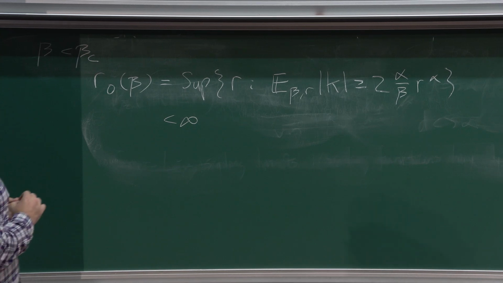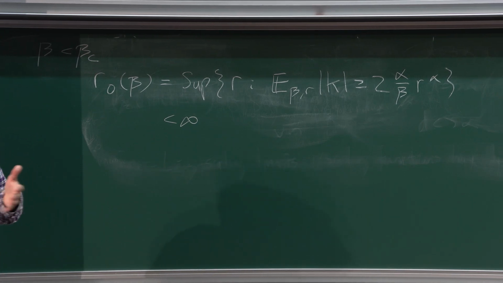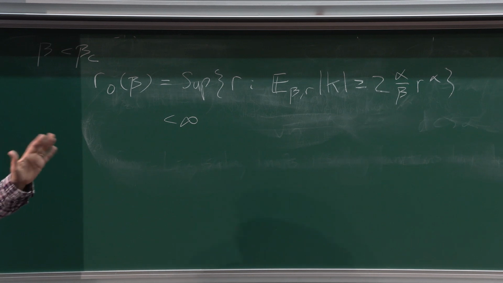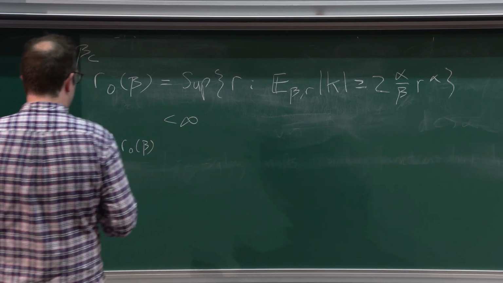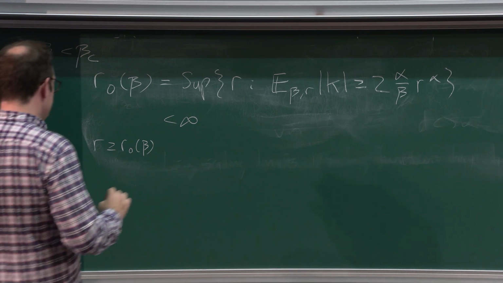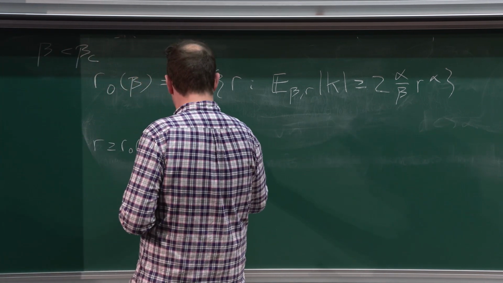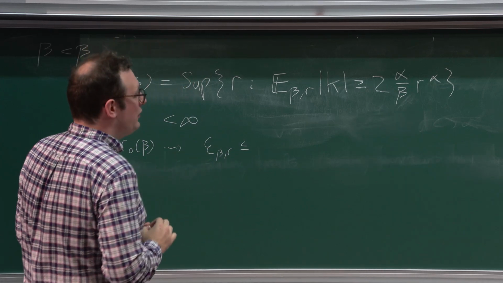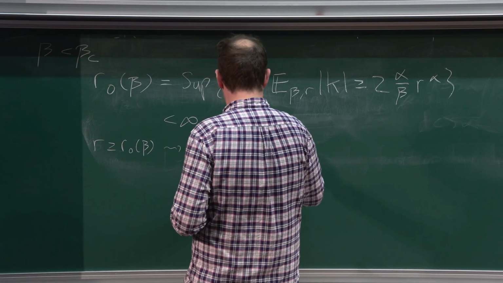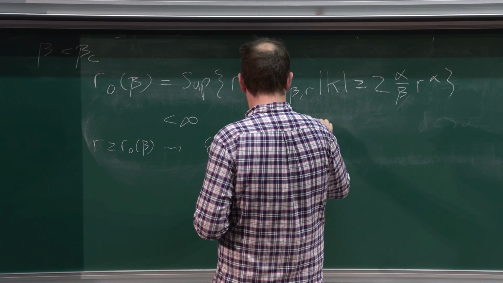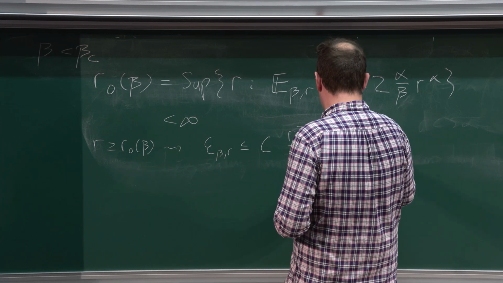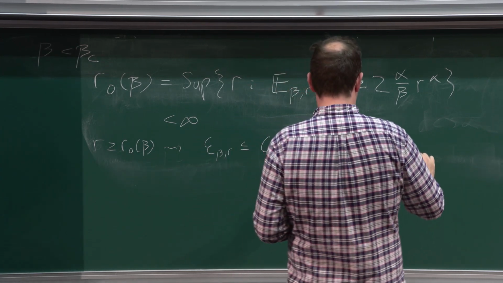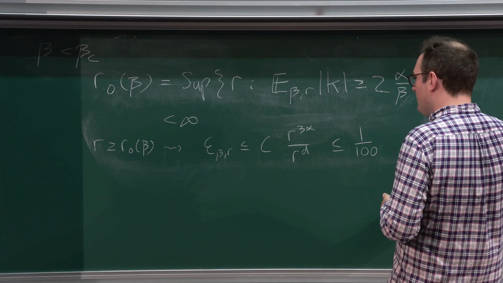Okay, so what is the idea? There's a lot of annoying constant management in this proof if you do it properly, so I don't want to do it quite that properly. But what's the idea? Well, if r is at least R0, then this error is bounded by some constant r to the 3 alpha over r to the d, which is, let's say, less than 1 over 100 if r is also bigger than some other constant.